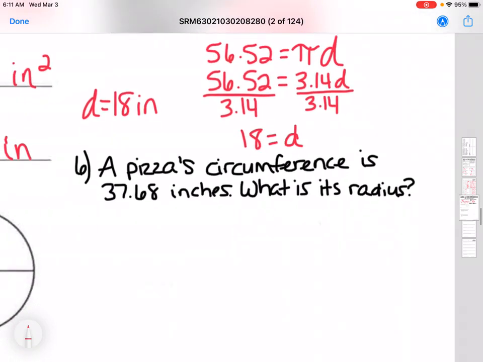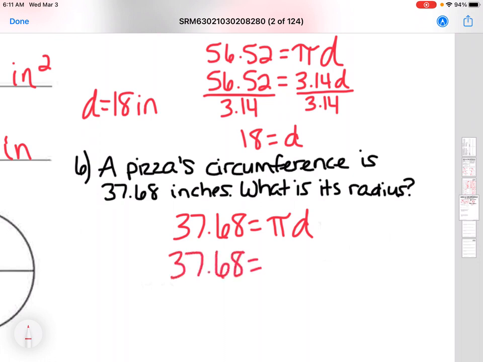Okay, on number 6, it gives me the circumference again. So my circumference is equal to pi times the diameter. And I know I want to use 3.14 for pi. So again, I just divide by 3.14.